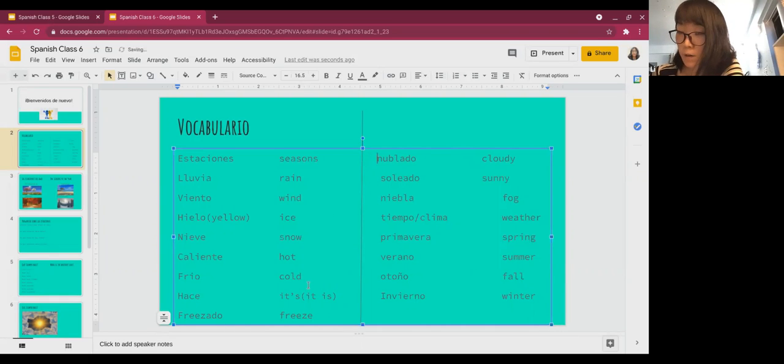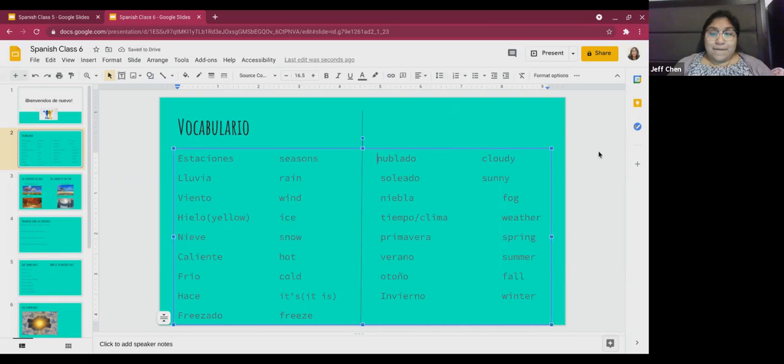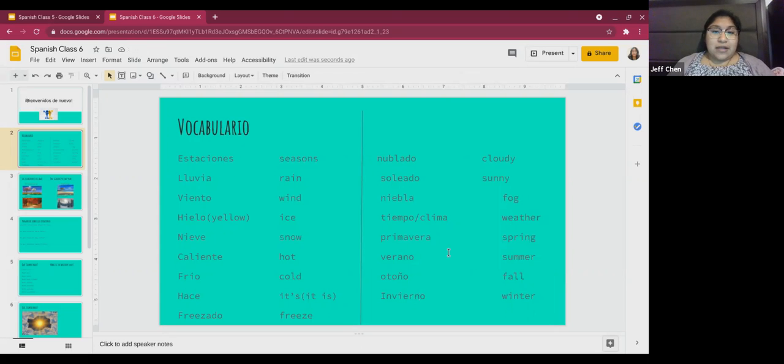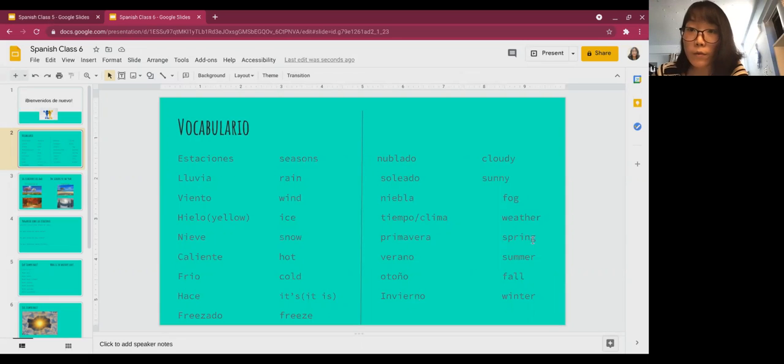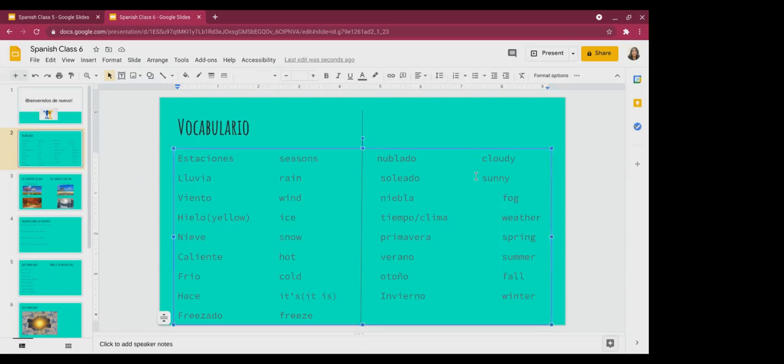Hace. Hace frío, it's cold, right? Hace muy frío. Muy bien. Hace frío.